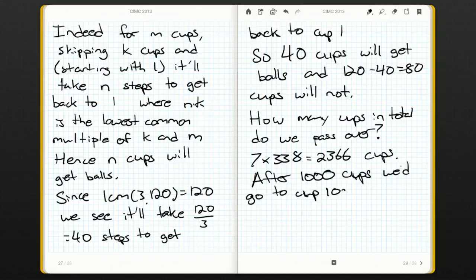So if we were just counting along in a giant circle, after 1,000 cups, we'd move to cup number 1001.